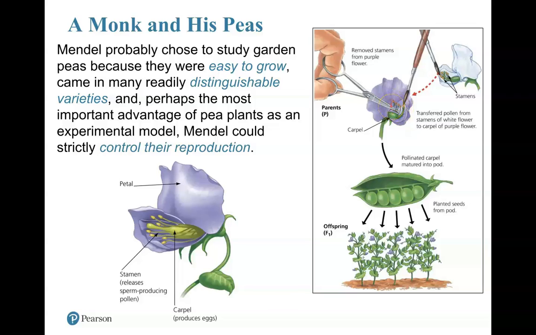And so basically he was controlling the mating because he wanted to make sure that certain flowers mated with other flowers to produce desirable traits. So basically he was transferring pollen to the carpel. That generation would then mature and then produce different offspring that hopefully, and that Mendel did, end up getting the desired trait from that mating.